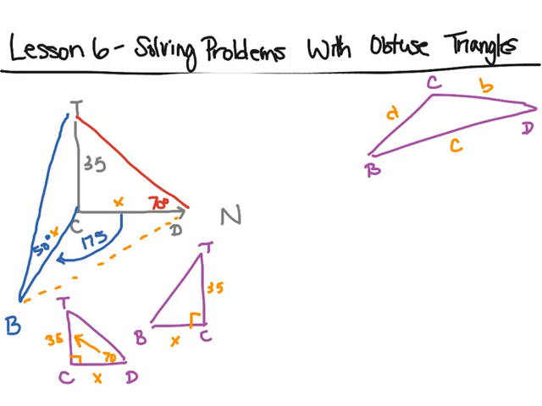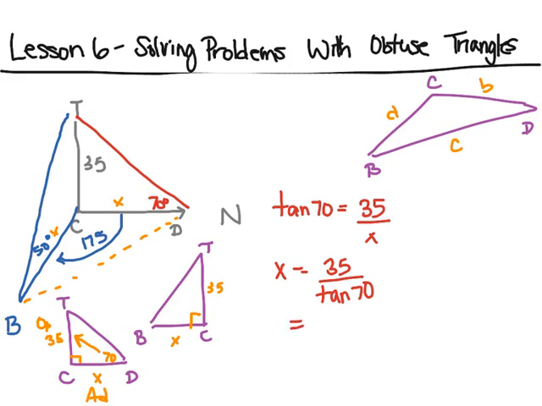So we know the opposite side and the adjacent side, so we're going to use tangent, O and A. So tan of 70 degrees is equal to opposite, which is 35, over adjacent, which is x. So x is equal to 35 divided by tan 70, which is 12.7. So this side right here is 12.7, which means that this side right here is 12.7.